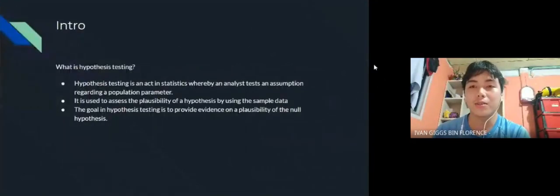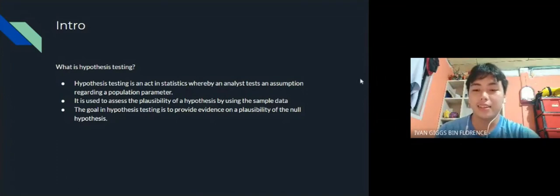What is hypothesis testing? Hypothesis testing is an act in statistics whereby an analysis and assumption is made regarding a population parameter. The methodology employed by the analysis depends on the nature of the data used and the reason for the analysis.